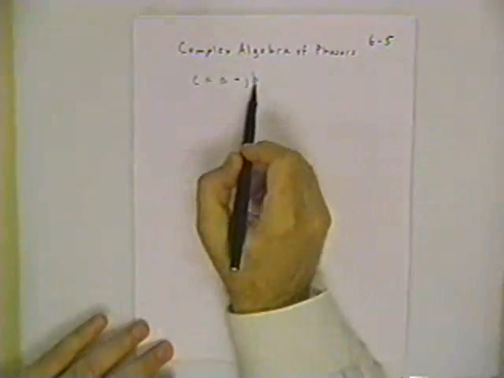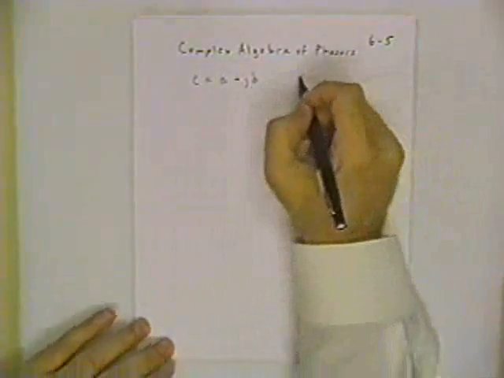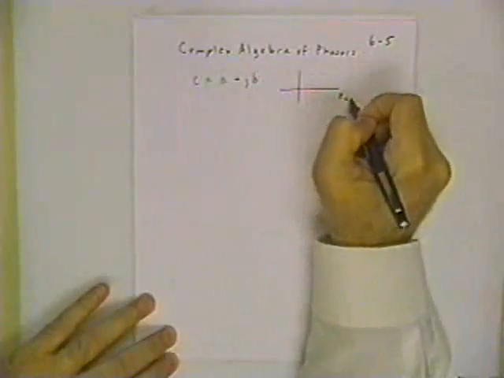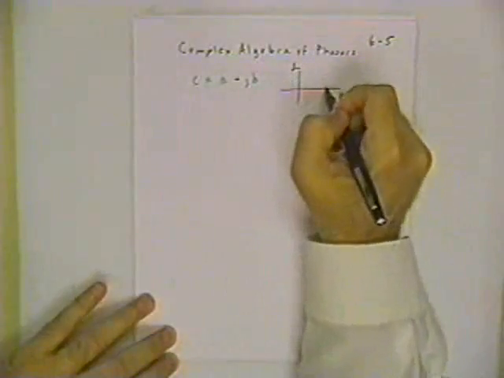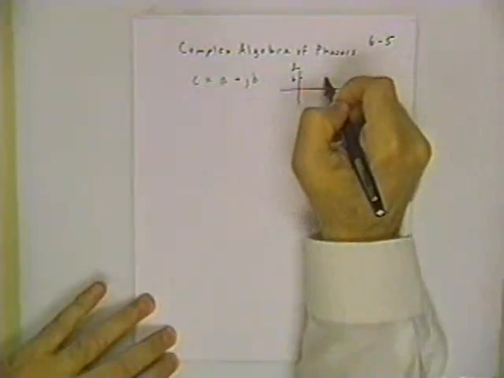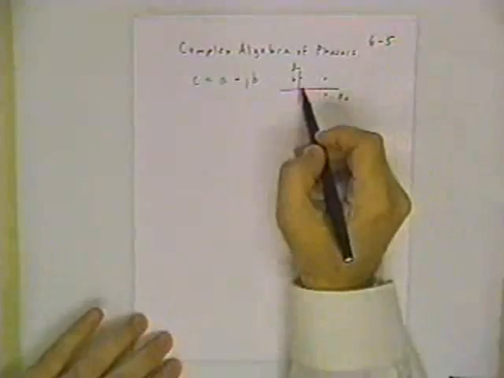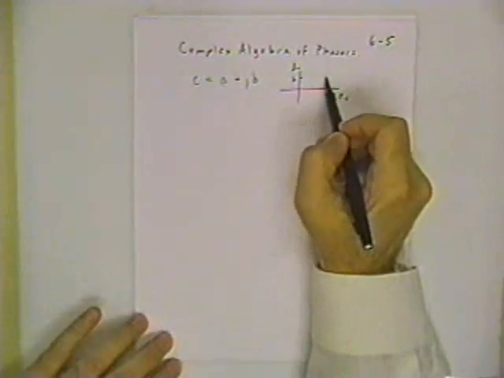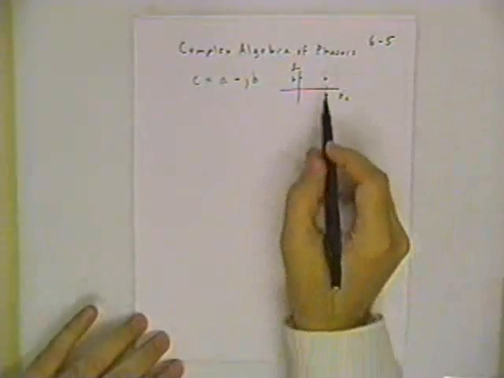There's the real part and the imaginary part. And we can sketch this on the complex plane, real, imaginary. If this is A and this is B, then the complex number is actually a point in the complex plane. Our phasors are going to be vectors pointing to that point, but just to keep the notation a little simpler, we'll think of it as just a single point.